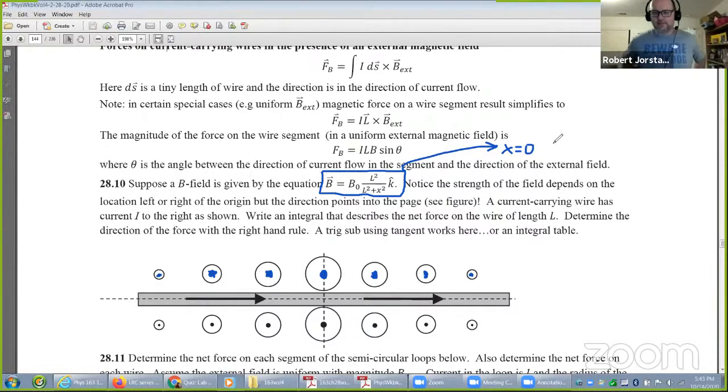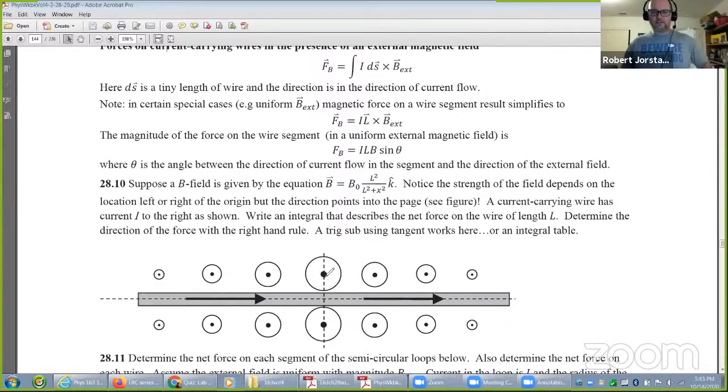You plug in x equals 0, you get L squared over L squared, the L squareds drop out. As x gets big, either positive or negative, as x goes to the right or to the left, notice the denominator gets bigger and the field gets weaker. So this is a reasonable model for a magnetic field. It's strong in one region, then gets weak after you go away from the magnets.